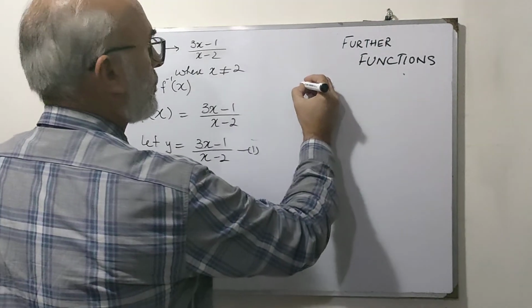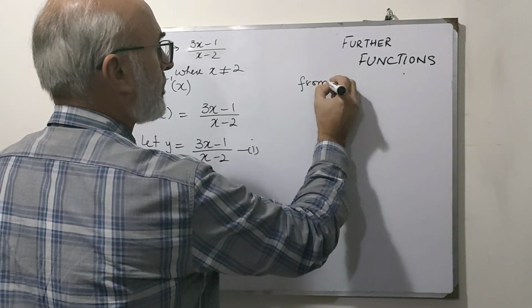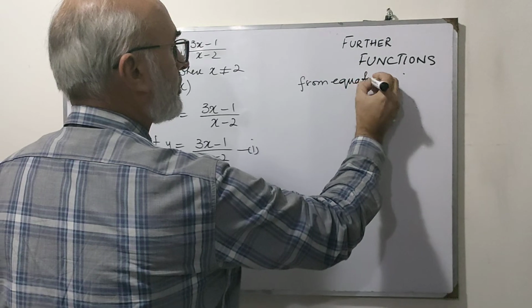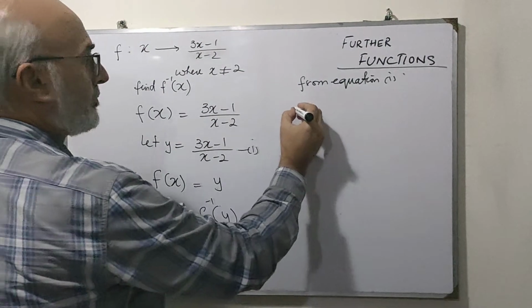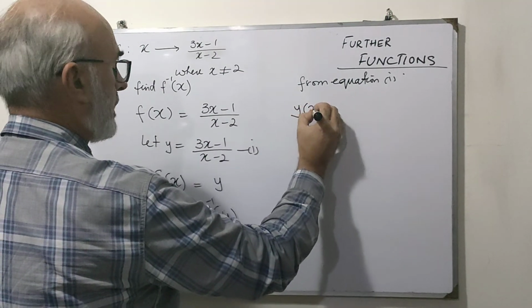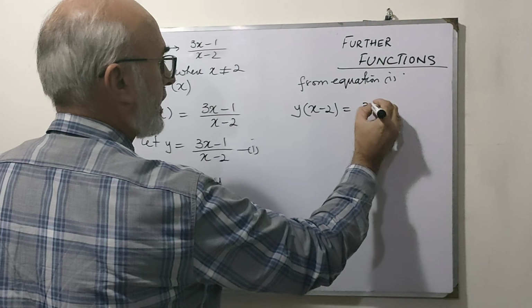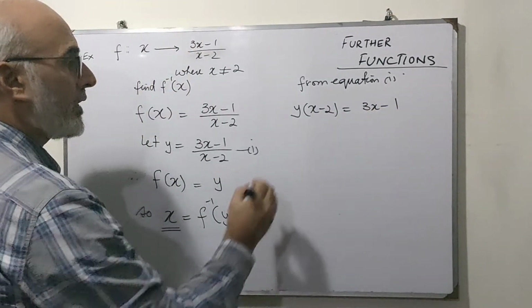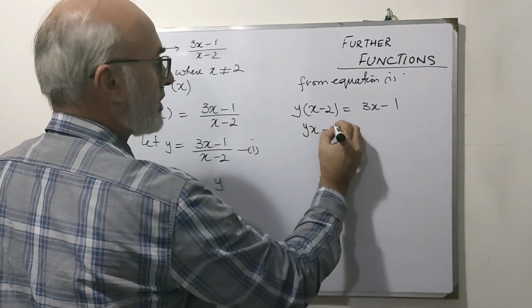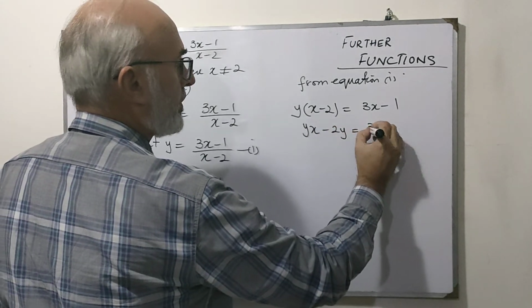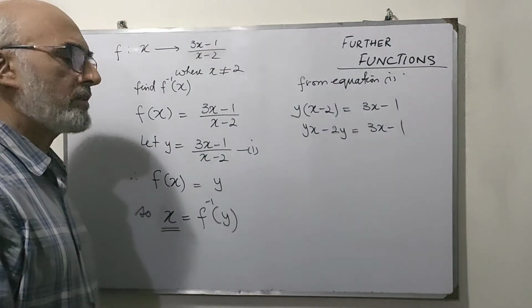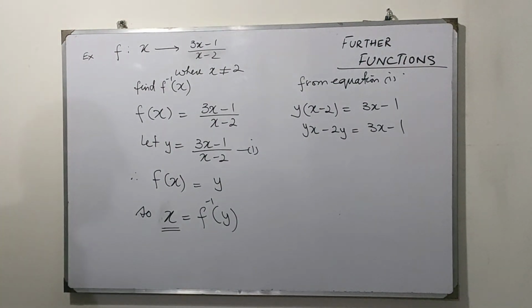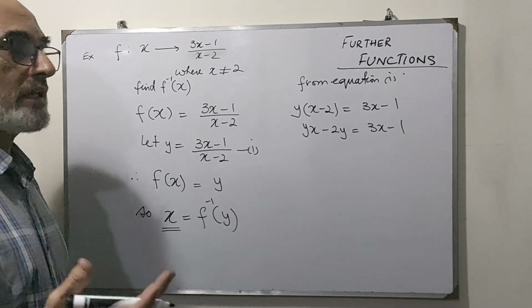To get the x values we're going to use this equation. So from equation 1, y into (x minus 2) is equal to 3x minus 1. So yx minus 2y is equal to 3x minus 1. So let's take x values on one side and y values on the other side, because we need x, we have to find the value of the variable x.